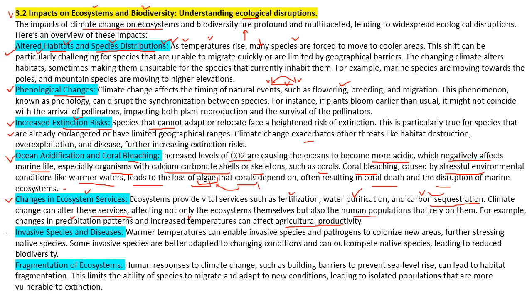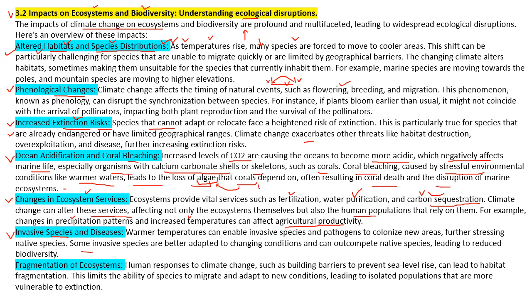On the surface of the earth, there is a movement of not only animals, but plant species also move from one place to another.